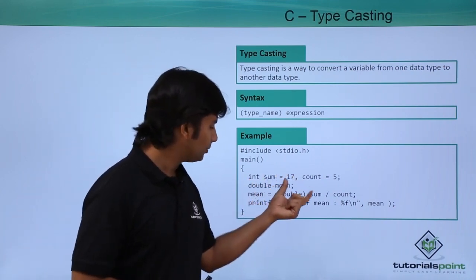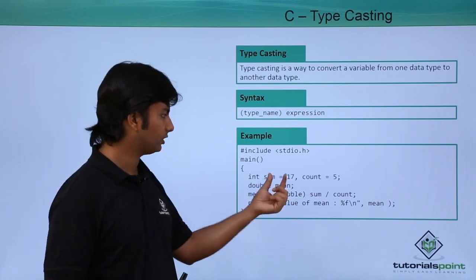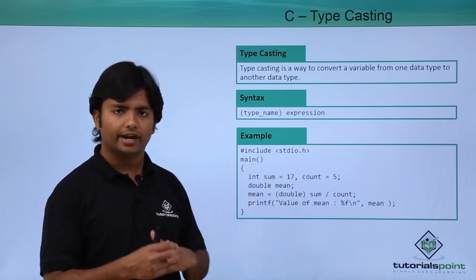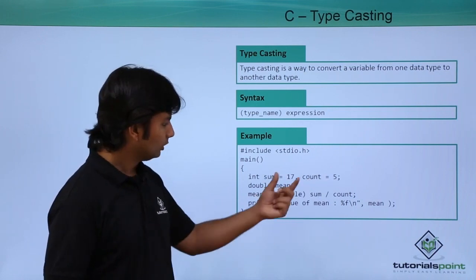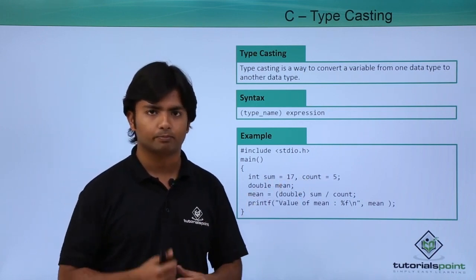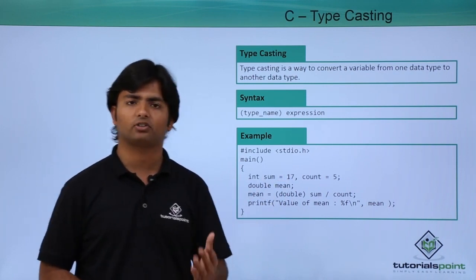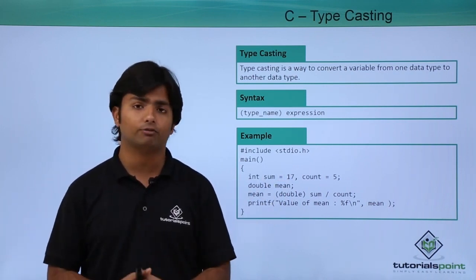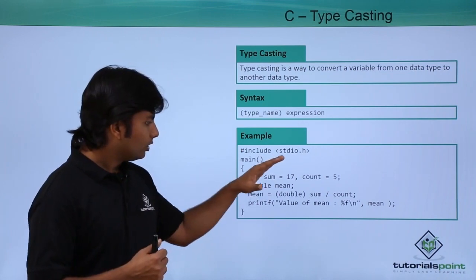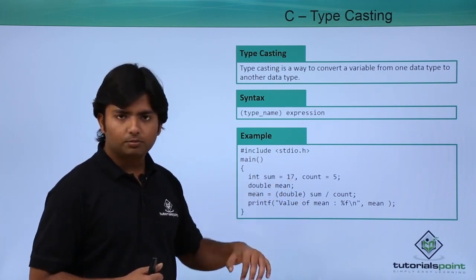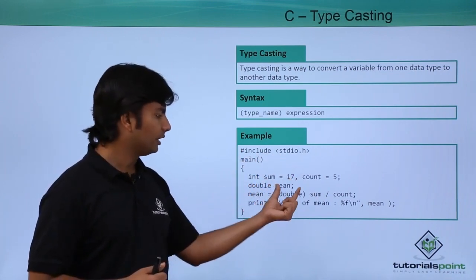Here, as in the example, we have two values: sum is 17, count is 5, and if I do a division here, the resultant should be of decimal type. But since these two variables are of integer type, the resultant will also be of integer type by default. So to make it of decimal type, we will typecast it to double.